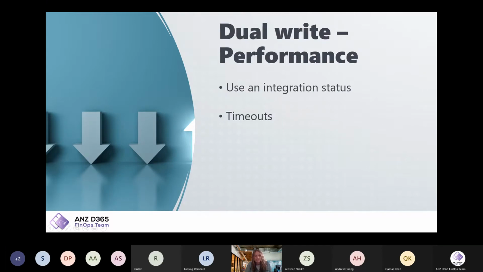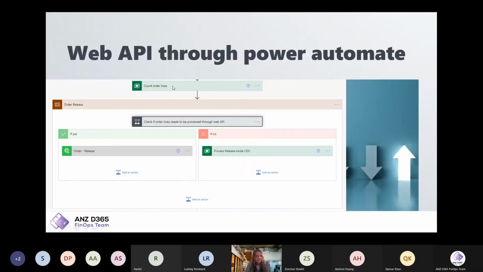And we schedule it through a Power Automate. We count our lines and decide, is it enough to process within 2 minutes? Then we either process it through the plugins, or we send it off to the web API. With the web API, all these processes run asynchronously.